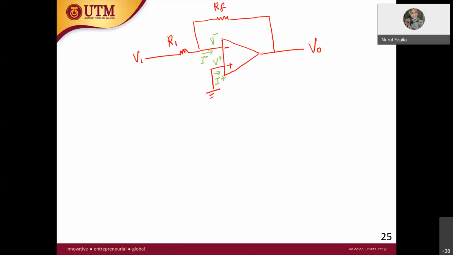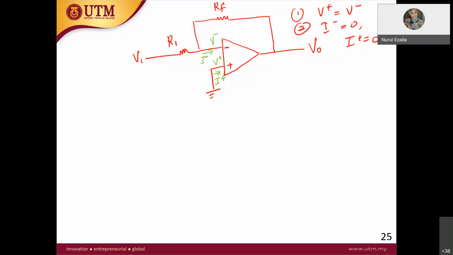You need to take both assumptions. The first one is the virtual ground, which is V plus equal to V minus. The second one is I minus equal to 0, I plus equal to 0. These are the two assumptions that you need to take into consideration in order to analyze it.